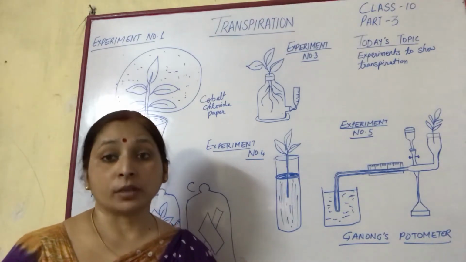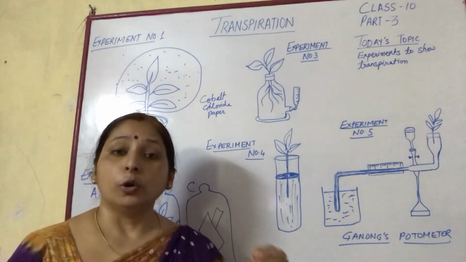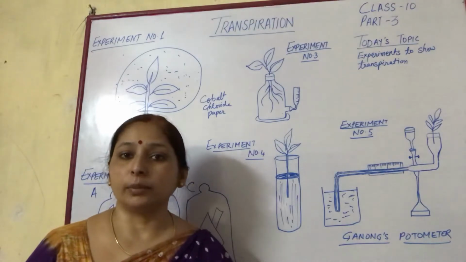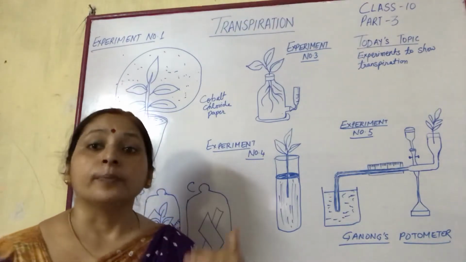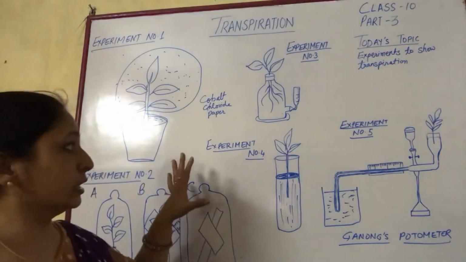Out of the amount of water absorbed by the plant, only 2% is utilized, and the rest, 98%, is lost by transpiration. So let's start with the first experiment.